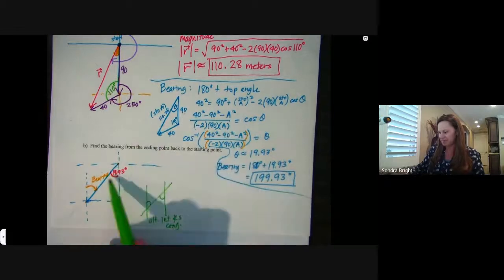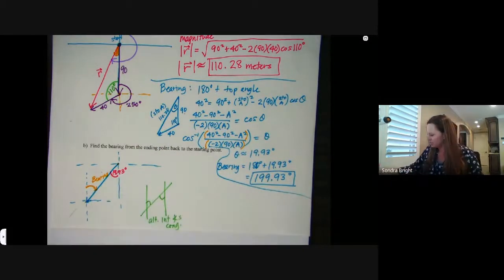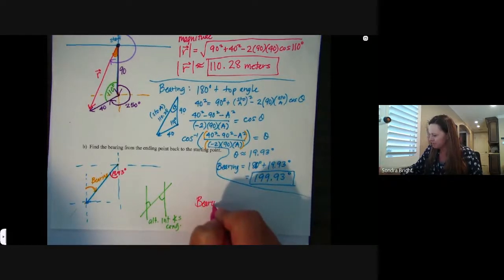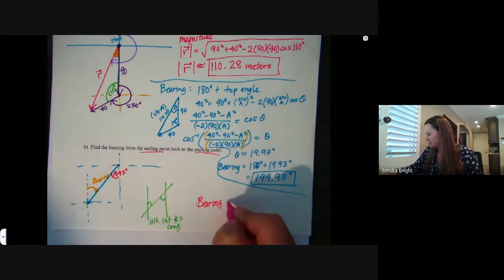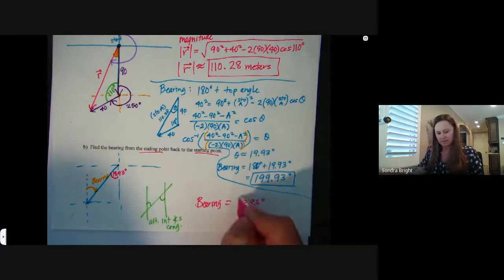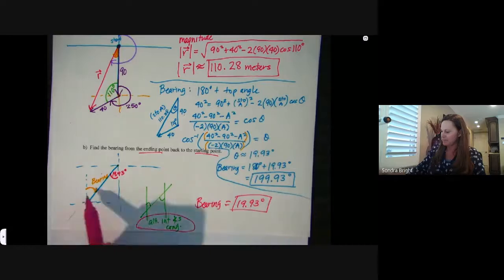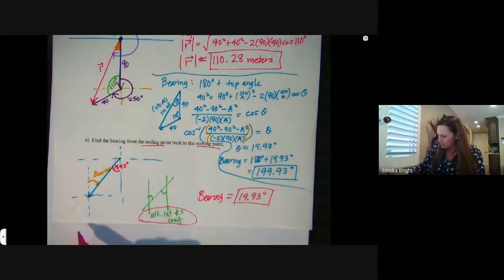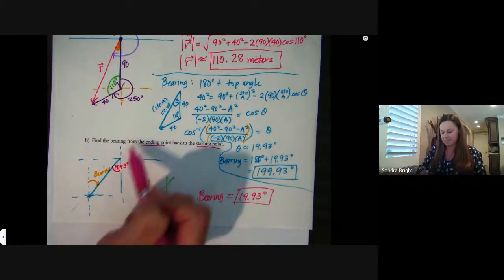If this is 19.93, then so is this one. And so your answer for part B, the bearing from the ending point to the starting point, is just 19.93 degrees, because alternate interior angles are congruent. These two north-south lines are parallel lines, the resultant vector is your transversal, and if that's 19.93, then so is that one.